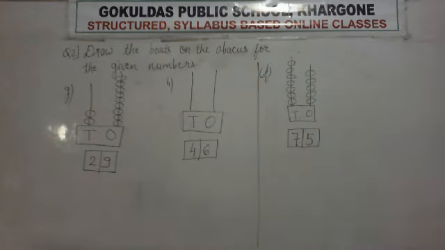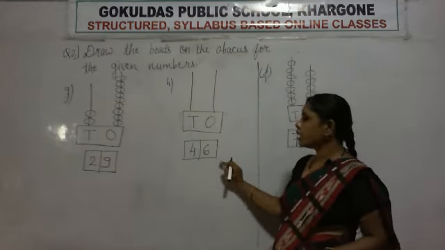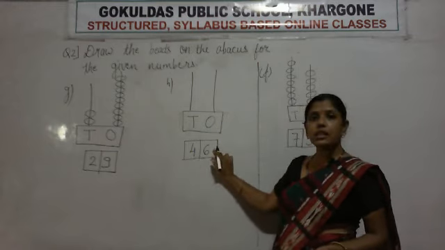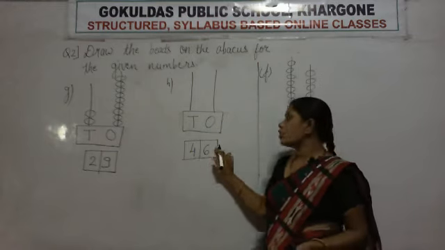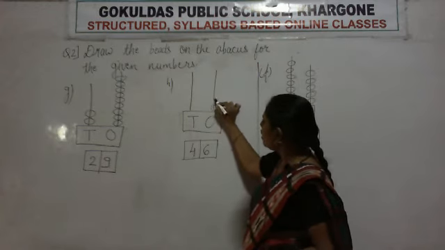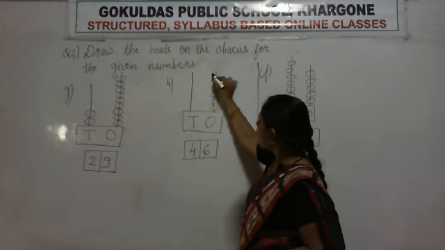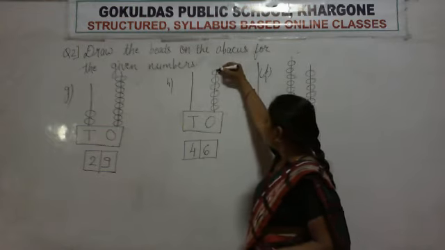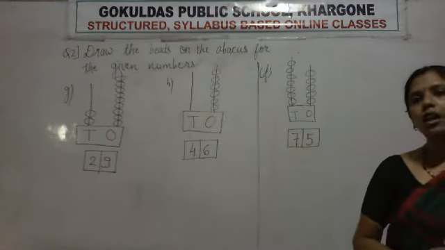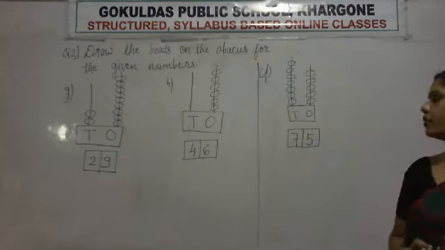That we draw the number of beads given at ones place. Which number is at ones place? 6. So draw 1, 2, 3, 4, 5, 6.